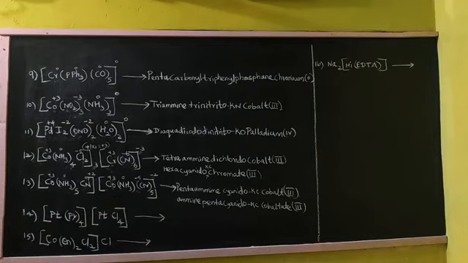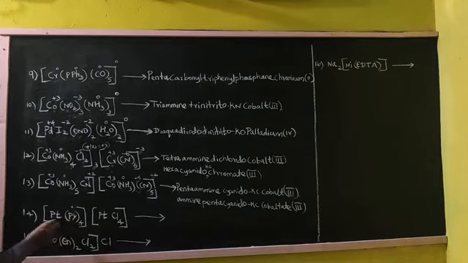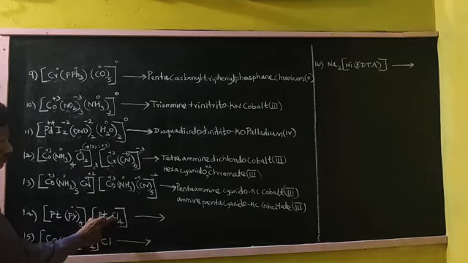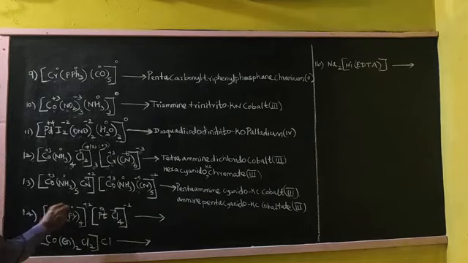Now the 14th one, two coordination spheres are given, but here ambidentate ligand is not present, right? So py means pyridine ligand. Pyridine is a neutral ligand, right? So right side we see, then only we can get the charges. Here 4 Cl, chlorido, so -4, the platinum charge +2, so totally -2, so this one +2, the +2 belongs to platinum, right?